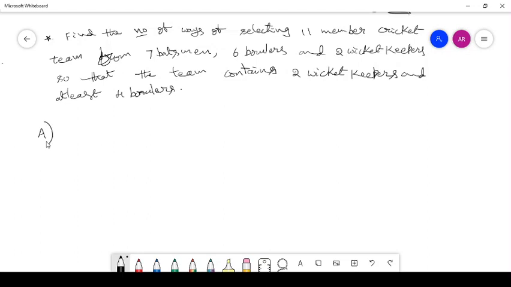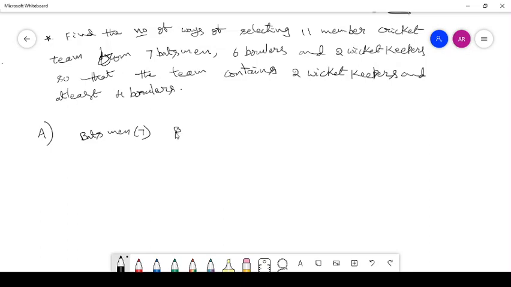Here you have to frame a table. If you prepare the table, you can easily complete the question. First, find the number of ways of selecting the cricket team. A cricket team has 11 members. From how many batsmen? 7.